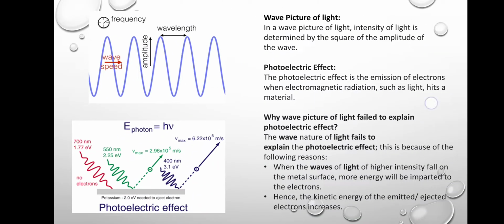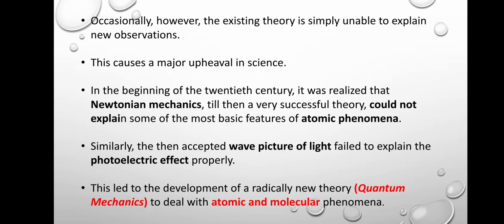Occasionally, however, the existing theory is simply unable to explain new observations. This causes a major upheaval in science. They were like, why is classical mechanics not able to provide enough evidence for smaller matters, right, for small substances? In the beginning of the 20th century, it was realized that Newtonian mechanics was still a successful theory.